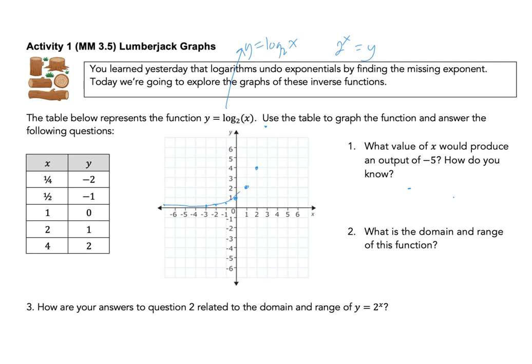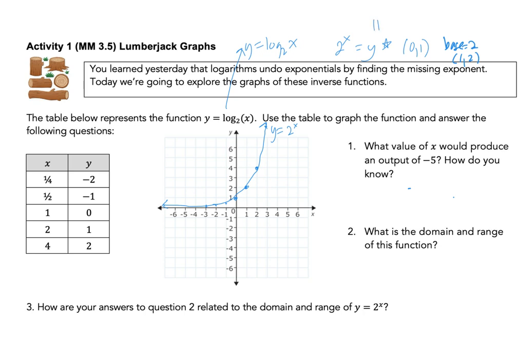Some key points we want to see here is that in this exponential function, y equals 2 to the x, what do we have? Well, it goes through point 0, 1. It has a base of 2, right? So it also goes through point 1, 2. It has exponential growth, so it's growing from left to right.